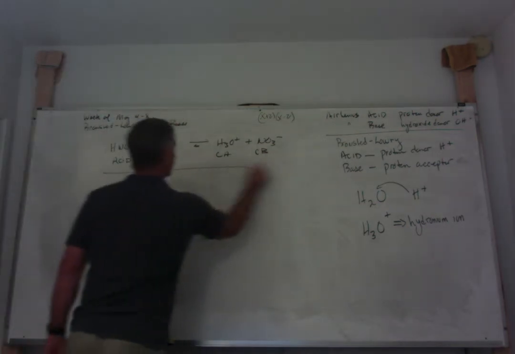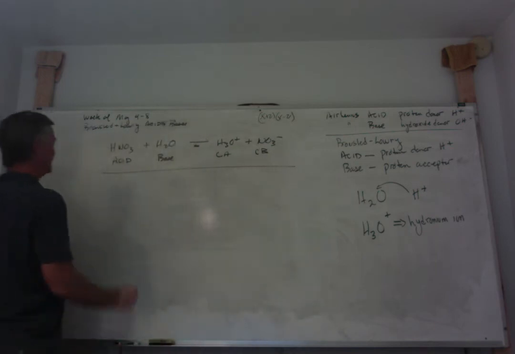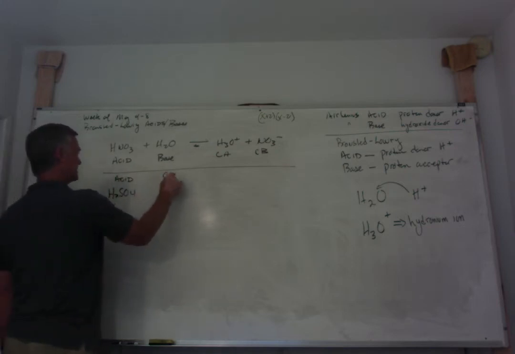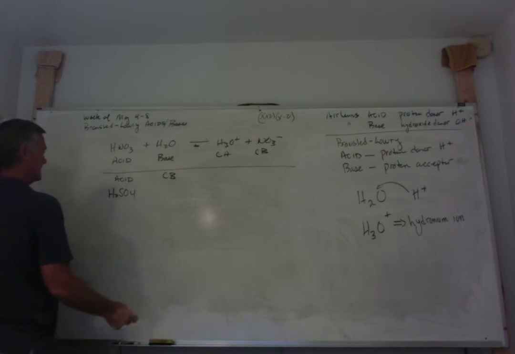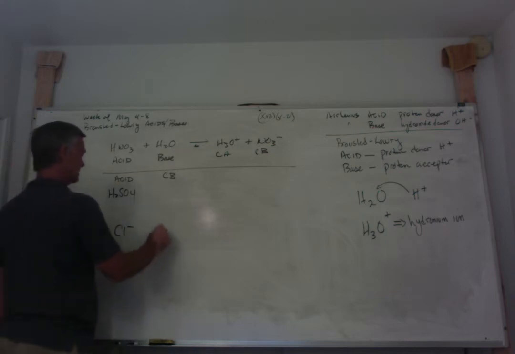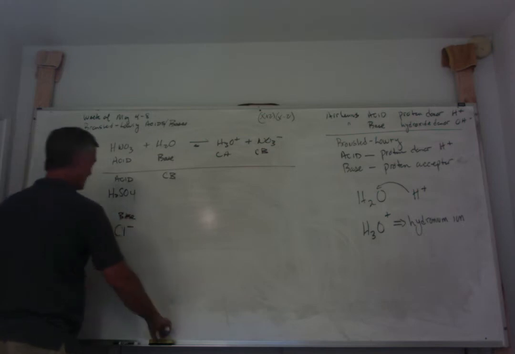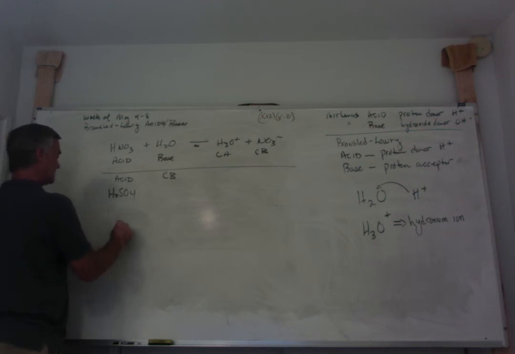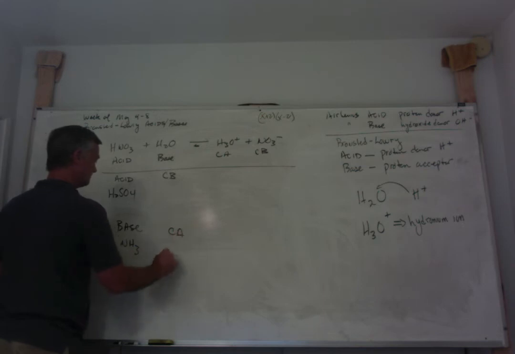The other thing they'll do is give you an acid, like H2SO4, and say this is an acid, what is its conjugate base? Or they'll give you a base, like Cl minus or NH3, and ask what is its conjugate acid.